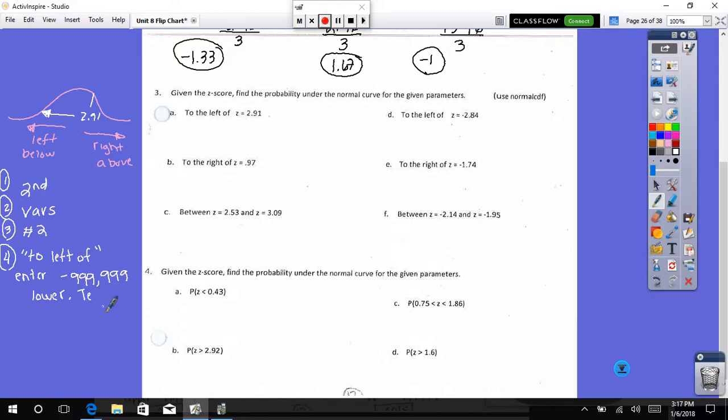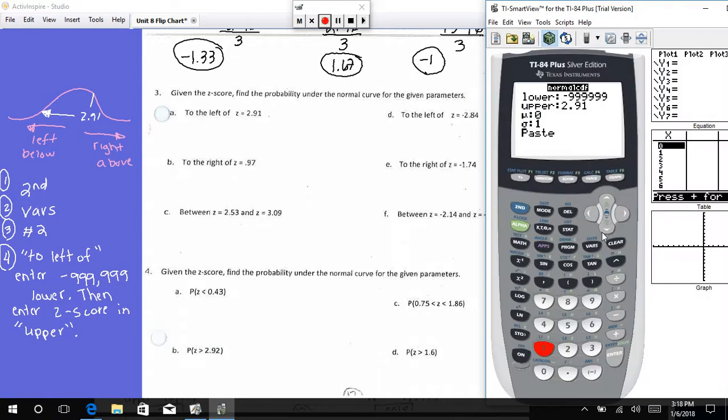Then enter the z-score in the upper part. Okay, so we did that. We're going to go down and hit paste.